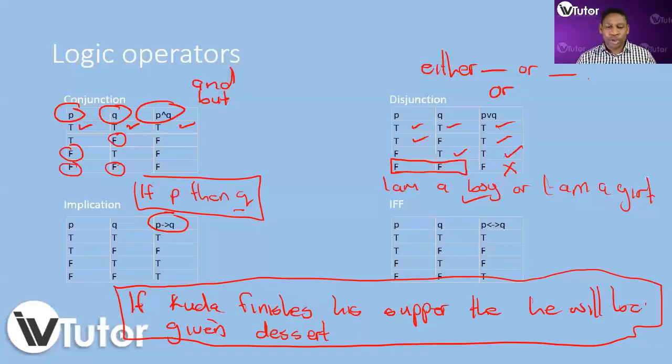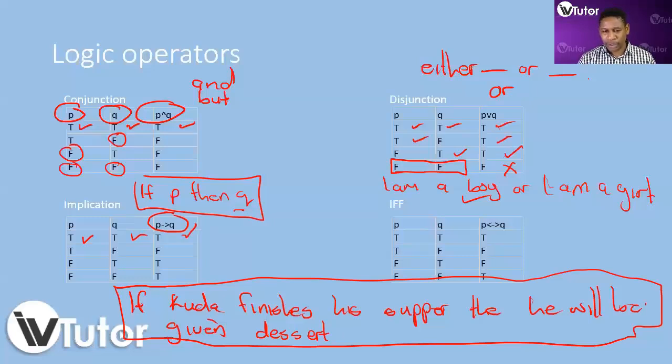Now, given those two, Kuda actually finishes his supper and Kuda is given dessert. Therefore, this statement holds, because if Kuda finished his supper, he will be given dessert. It holds because he finished his supper and he was actually given dessert.